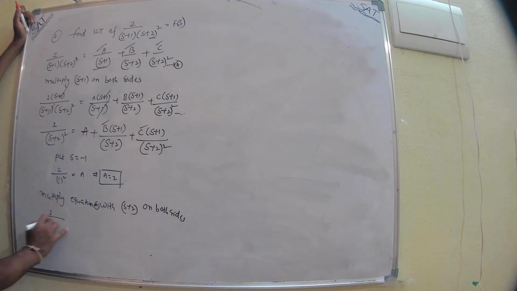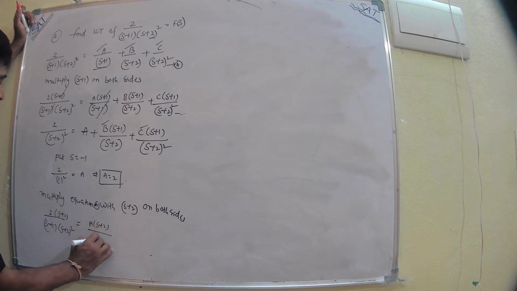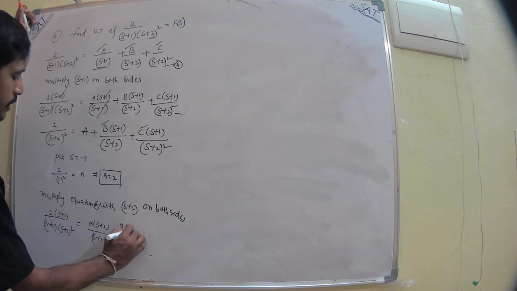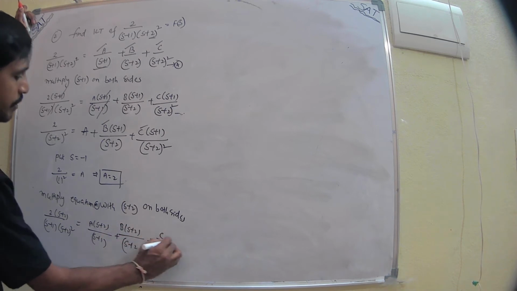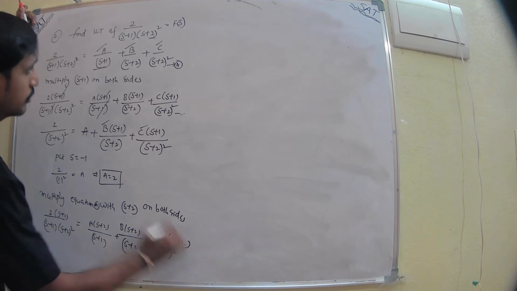So 2 by (s plus 1)(s plus 2) whole square into (s plus 2) is equal to A into (s plus 2) by (s plus 1) plus B into (s plus 2) by (s plus 2) plus C by (s plus 2) whole square into (s plus 2).